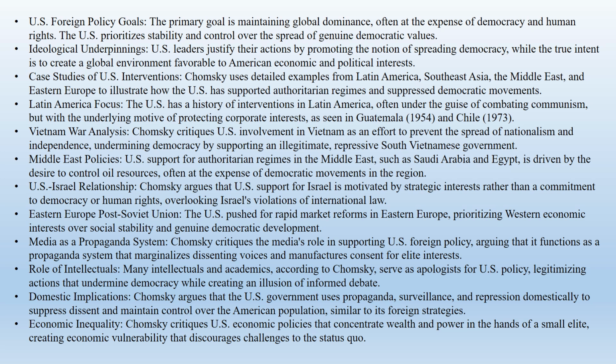In addition to his critique of U.S. foreign policy, Chomsky also examines the domestic implications of the U.S. strategy of deterring democracy. He argues that the same mechanisms used to control foreign populations are also applied domestically to suppress dissent and maintain control over the American population.